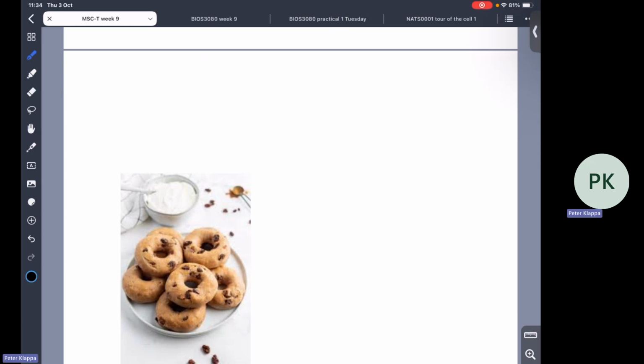So what we could do, for example, is measure, on average, the number of raisins in one of these cinnamon raisin bagels. And what we will find is that this usually, or very often, will follow what is called a Poisson distribution.